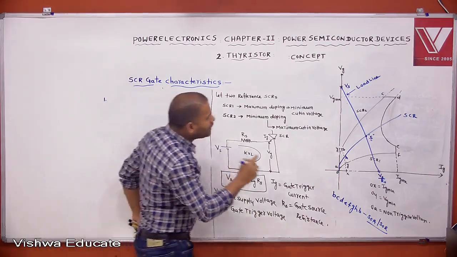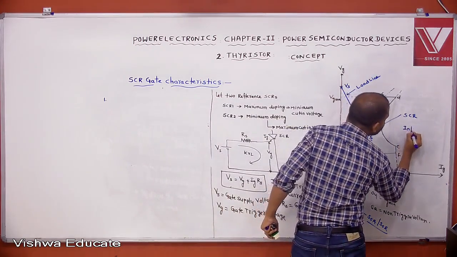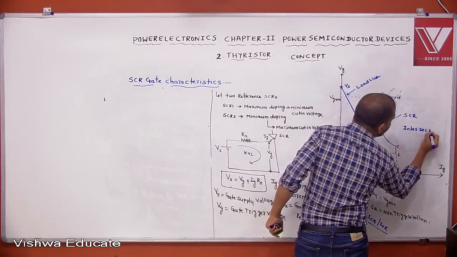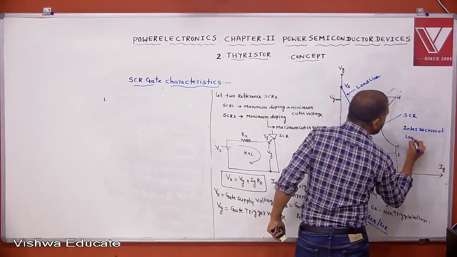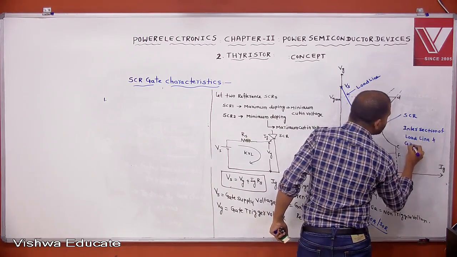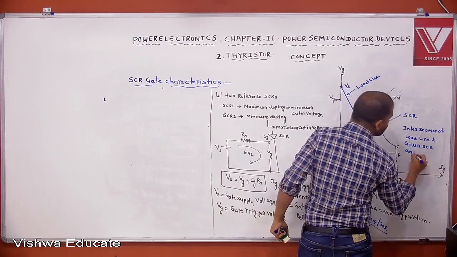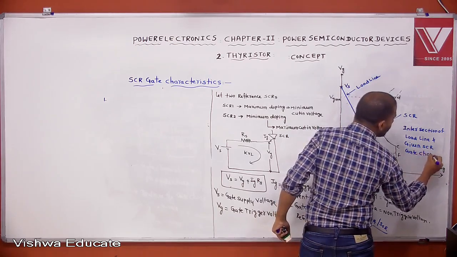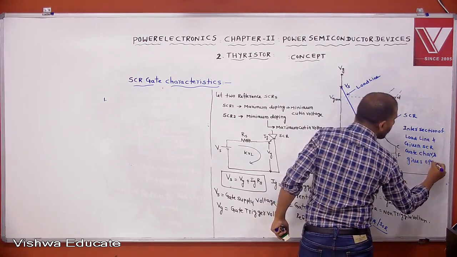Before that, one point to remember: the intersection of the load line and the given SCR gate characteristics gives the operating point.